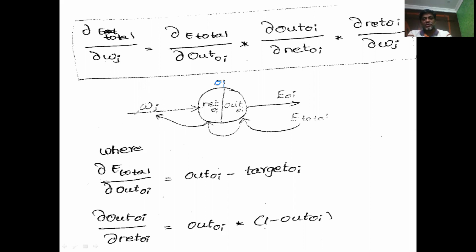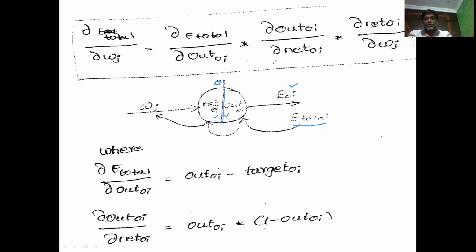Suppose Wj is the weight connected to the output neuron Oi. For this output neuron, we already calculated net Oi, and also out Oi, and also the error term produced by this Oi. Because we calculated this error term for all the output neurons, we summed them up to get E total. So we have all this data.